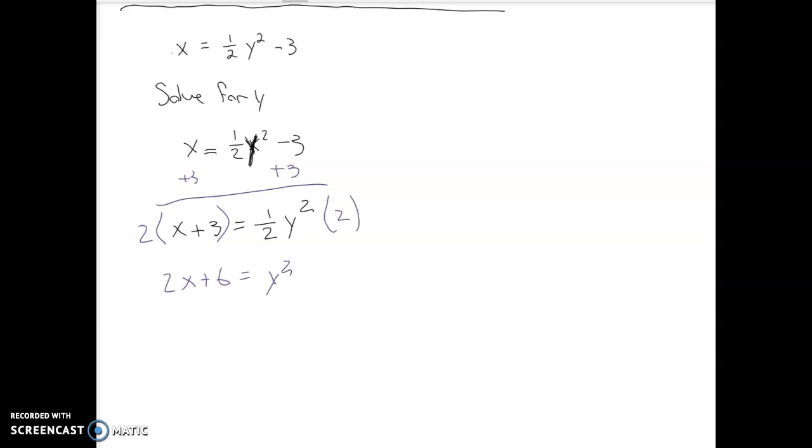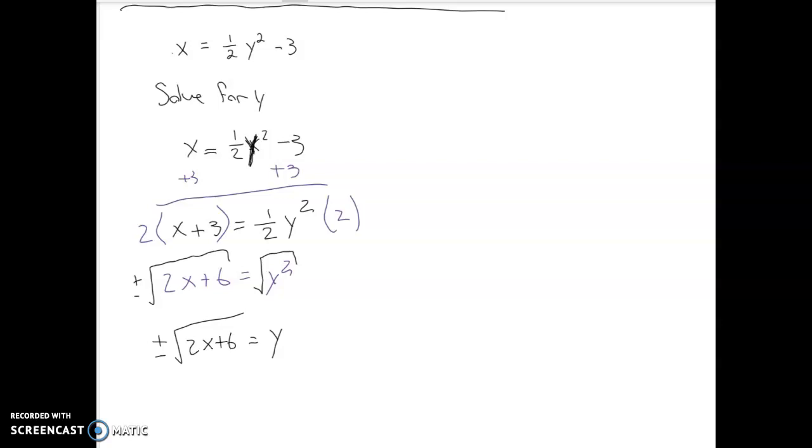And then to get rid of the y squared, to isolate y, I'm going to square root both sides. When I square root both sides, there are 2 things that I could square to get 2x plus 6, so I have to apply a plus or minus. What I end up with is y equals plus or minus the square root of 2x plus 6.